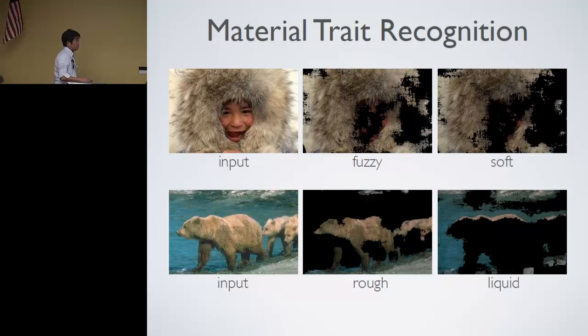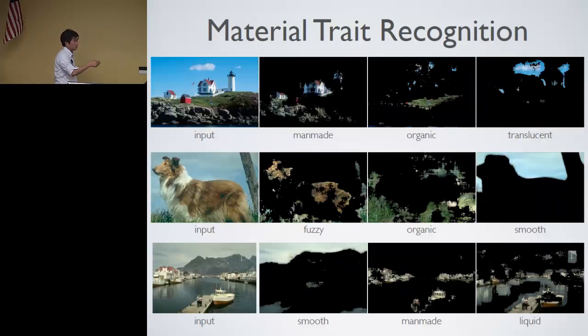So this fur can be both fuzzy and soft, right? And the bear has a rough fur, and the water is liquid. I'm just showing 2 each. Here I'm showing 3 each. The buildings are man-made, the grass is organic, and the cloud is translucent, and so on.